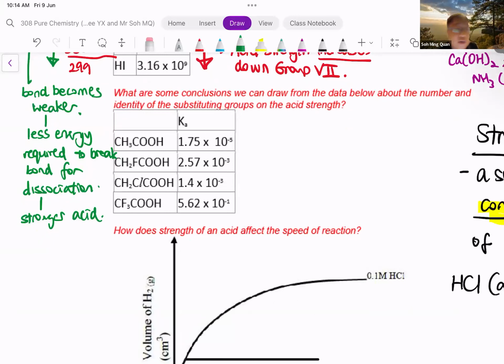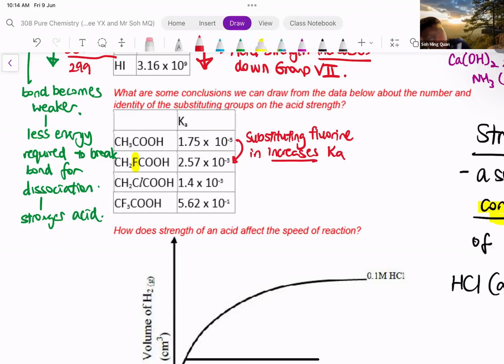But once I've substituted one of the hydrogens with fluorine, so instead of CH3COOH, I have CH2FCOOH, my Ka becomes bigger. So substituting fluorine in increases the Ka.